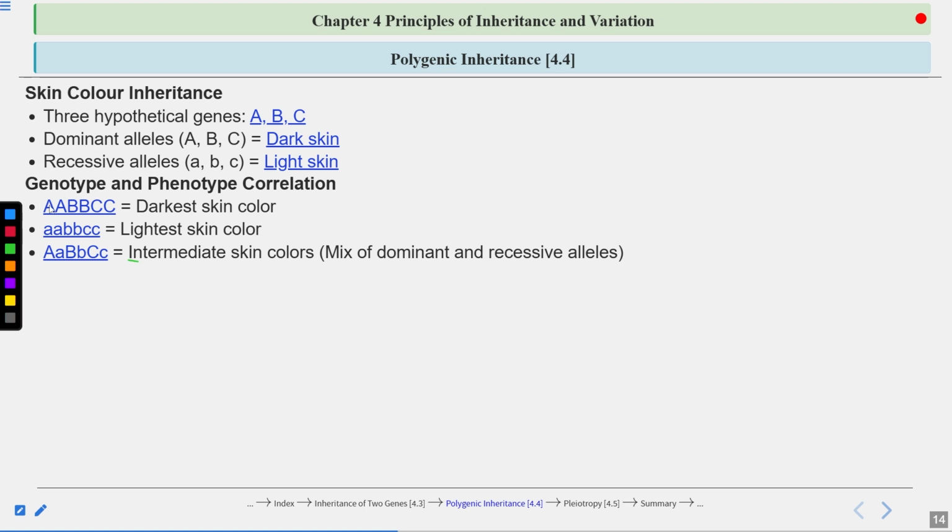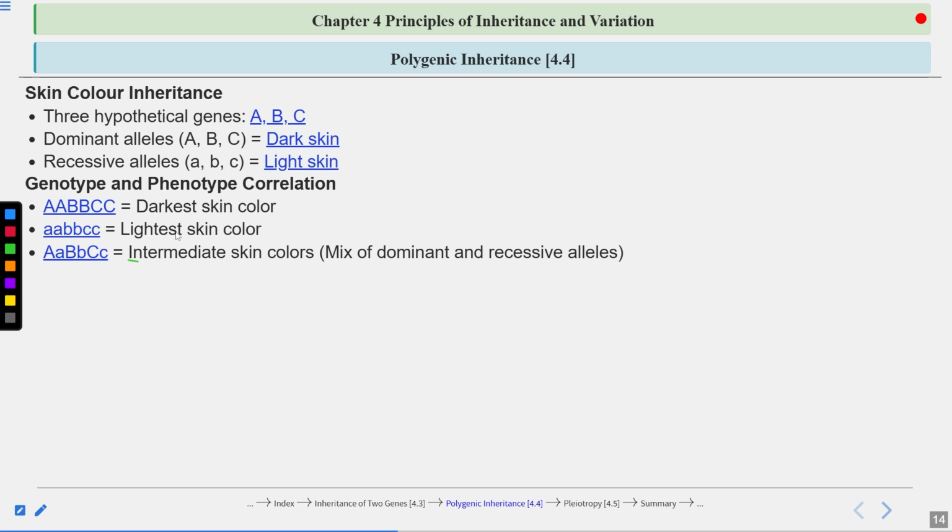So if there are more dominant alleles, then the skin color will be dark. If there are more recessive alleles, then the skin color will be light. So there can be multiple combinations here. Capital A, small a, capital B, capital B, capital C, then capital A, capital B, small b, small c, small c.